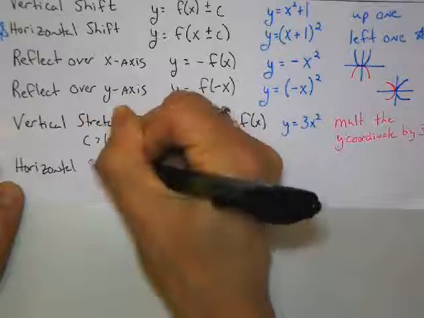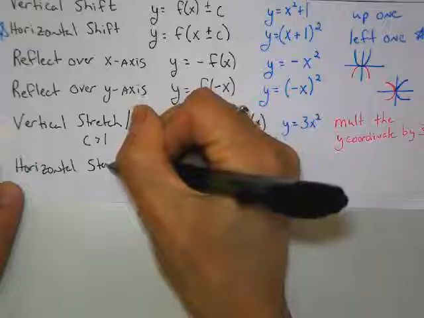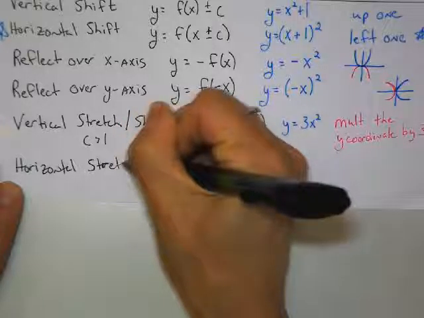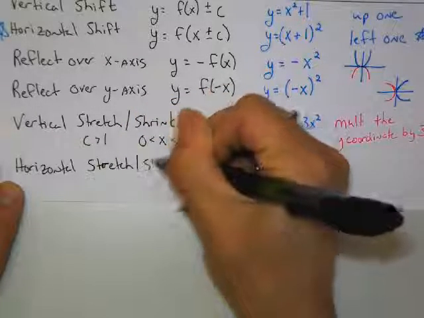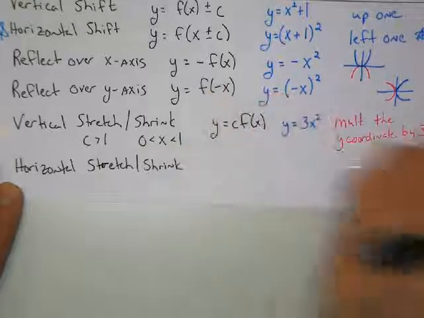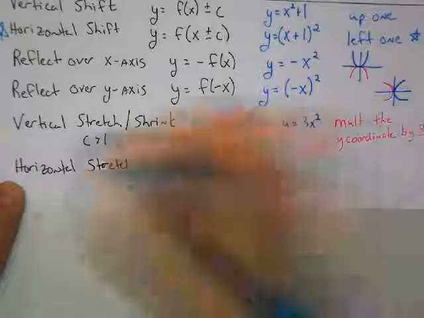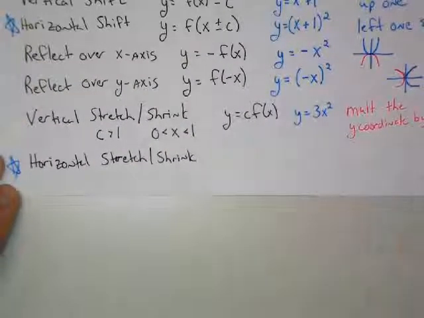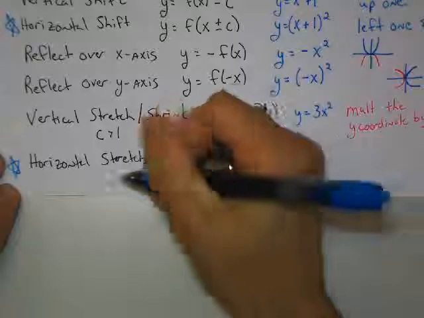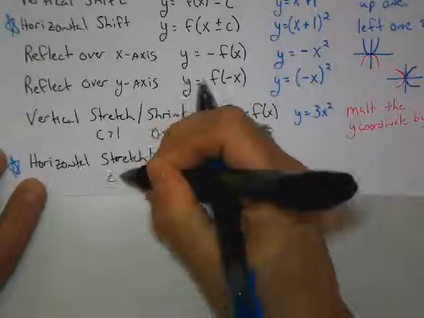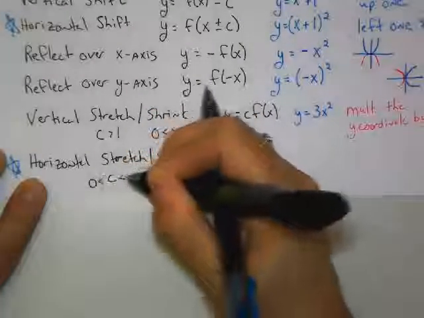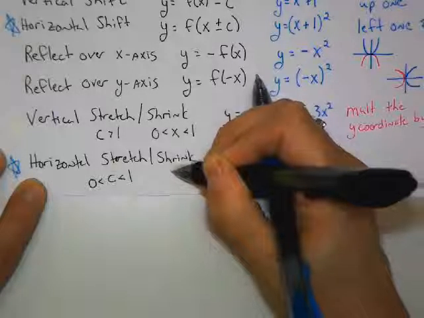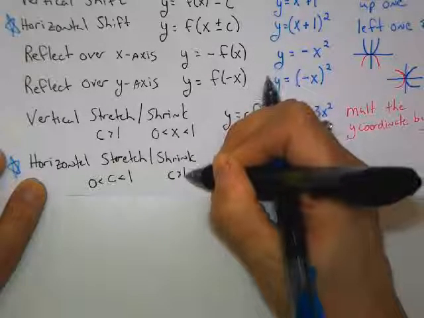Stretch or shrink. I am automatically putting a star by him because he's horizontal, which means it's going to be backwards from what you think. Stretching this time is when C is between 0 and 1, and shrinking is when C is greater than 1.